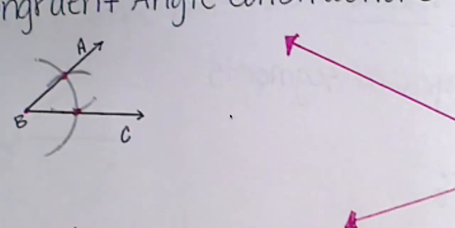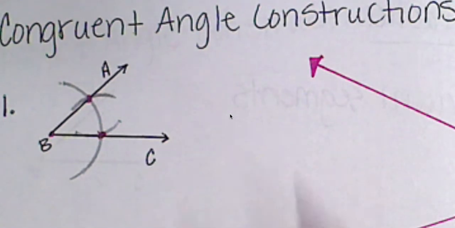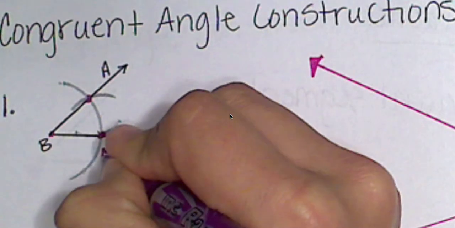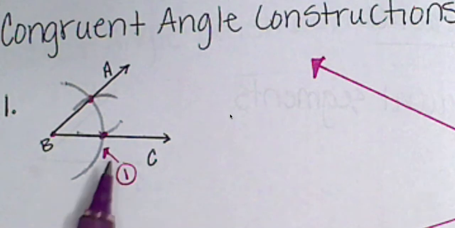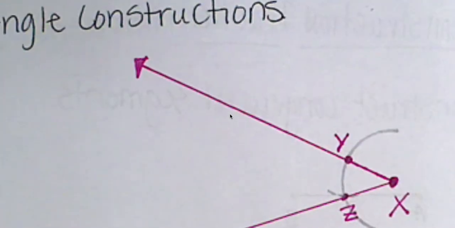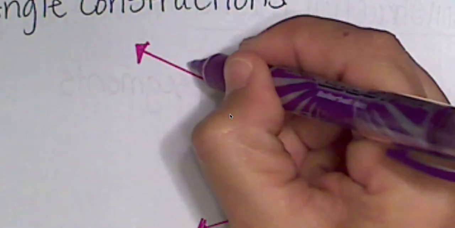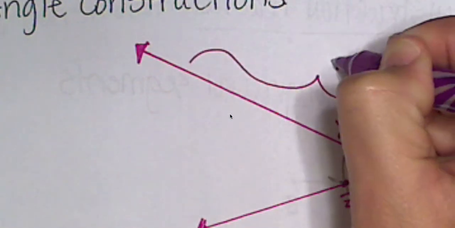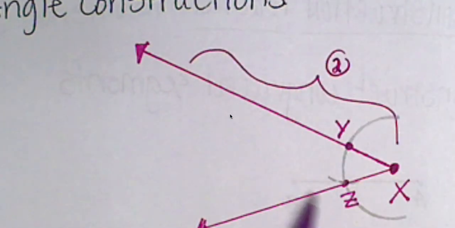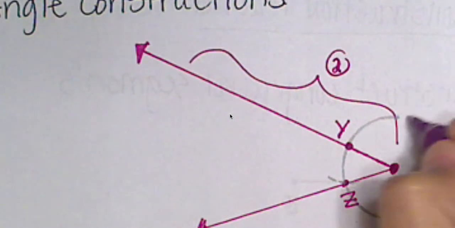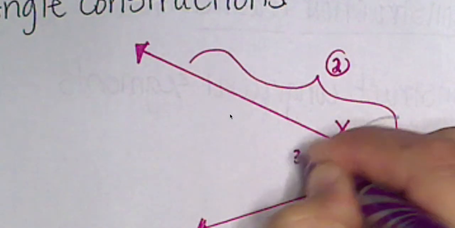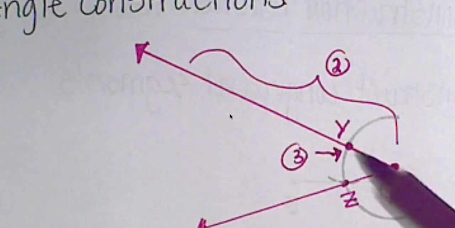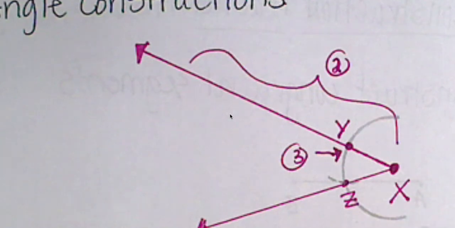Now, to make sure that you get the full point on your test, you will definitely need to make sure that you have your arc here that goes through both your rays from your given angle ABC. You will need to make sure that you draw a ray to start with, as well as create an arc that goes through this ray and extends long enough for you to be able to make another ray to create an angle.